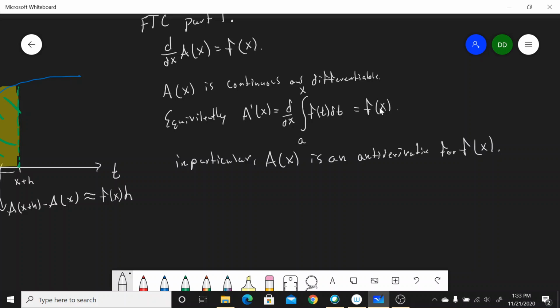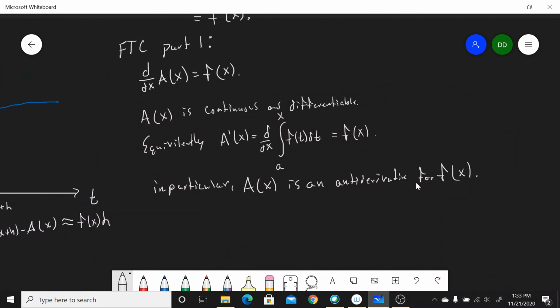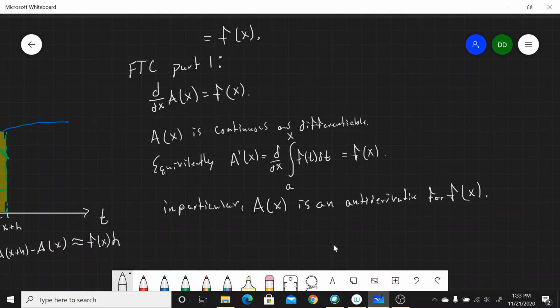And so that is pretty neat. We have found explicitly what an antiderivative for f of x is. It's this area accumulation function, and that's pretty cool. So that answers part 2, the motivating problem number 2 of this connection between antiderivatives and the definite integral. To answer part 1 of those motivating problems, watch the next video.